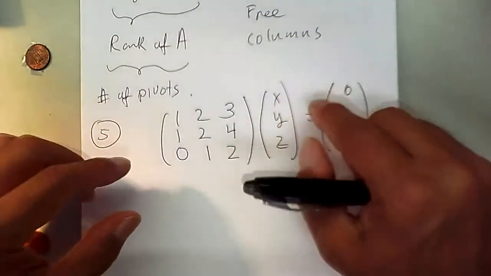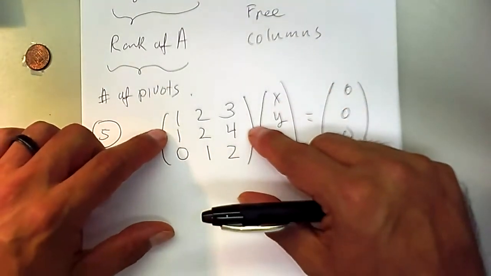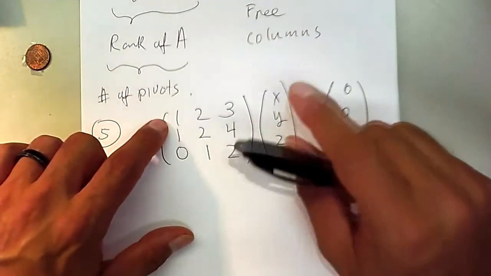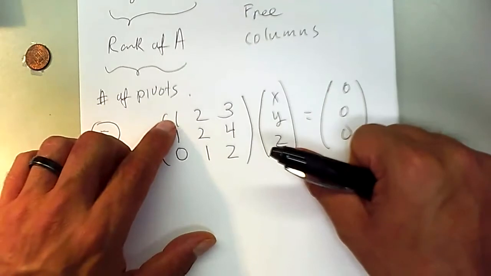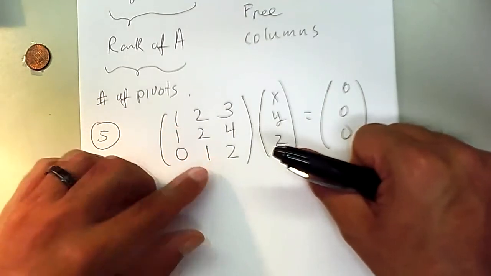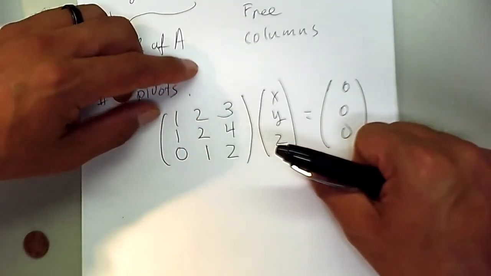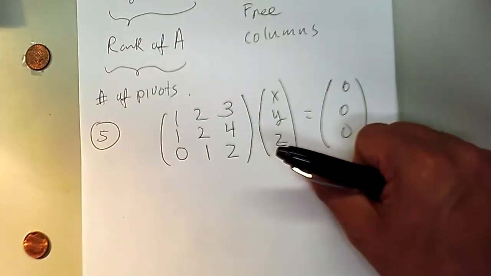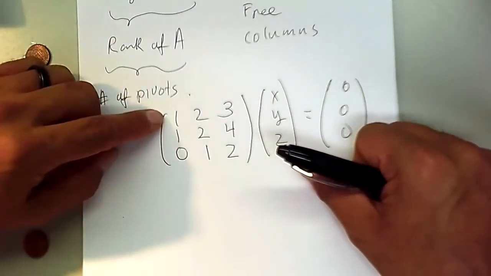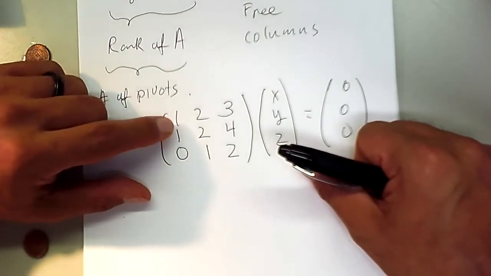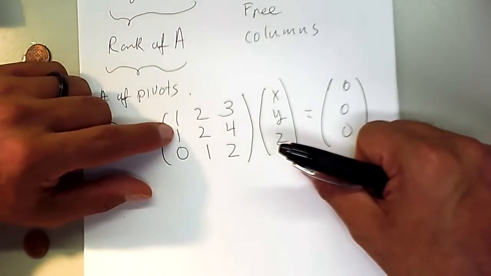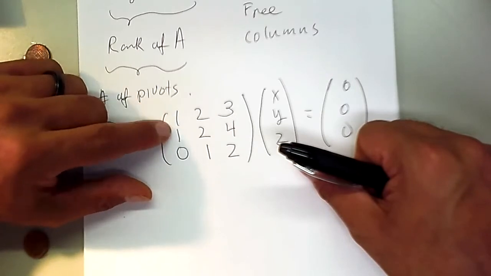We want to sort this out by changing this into a row reduced echelon form, which has ones in the pivots, and then we have zeros above the pivots and below the pivots. So right now we have a 0 here. It's easy to convert this element here into a 0 by subtracting from the first row.